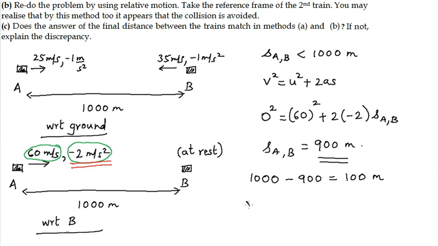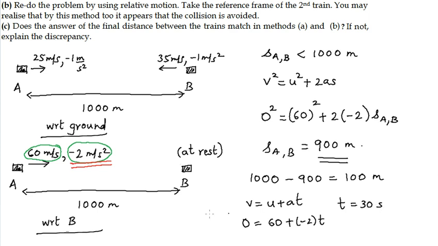We simply apply the equation v = u + at in the second diagram, that is, in the diagram drawn with respect to B. You apply this equation to train A. The final velocity of train A with respect to B is equal to 0. That's when the process stops. The initial velocity is 60 meters per second. The acceleration is −2 meters per second squared, and the time taken for the process is t. So clearly the value of t is going to be 30 seconds.